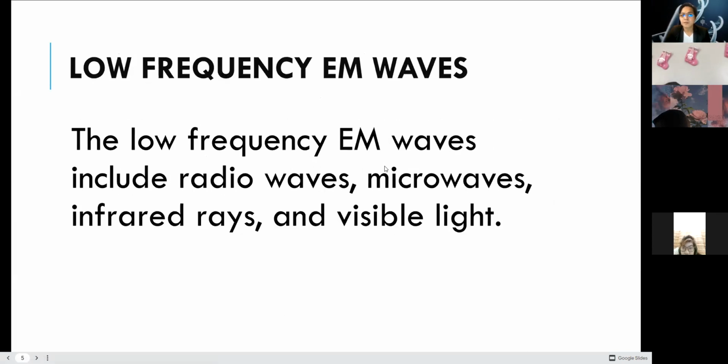Low frequency EM waves include radio waves, the one being used by your radio and your television, microwaves, infrared rays, and visible light. Let's discuss this one by one.